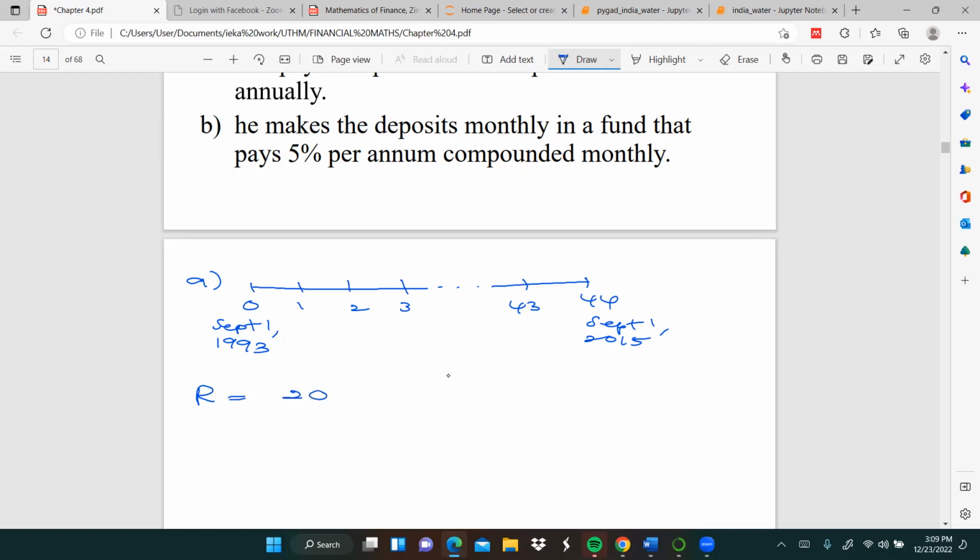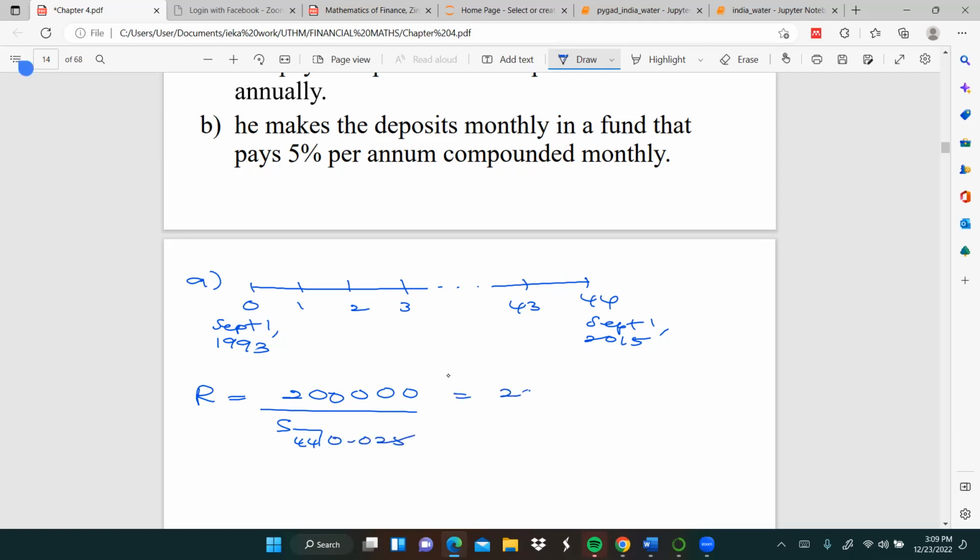Okay, so we need to find R. So we have 200,000 divided by S angle 44, our I is 0.025.